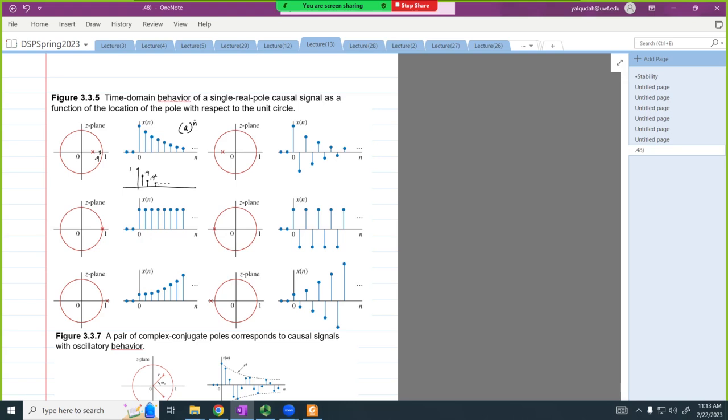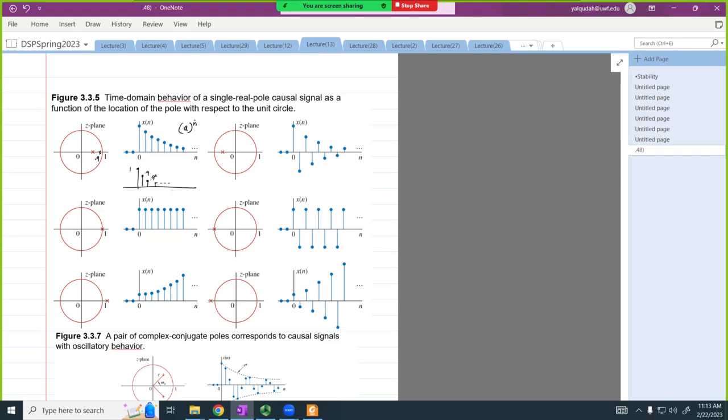It's going to grow larger and larger, which is what we see here. If I have a pole outside the unit circle, what is x of n or h of n going to look like? It's going to be a growing exponential signal, and therefore it's unstable. So the only way the system is going to be stable is if all the poles are within the unit circle.